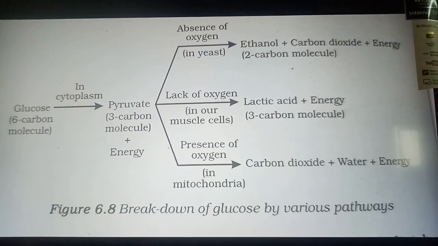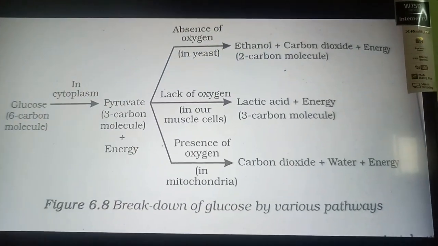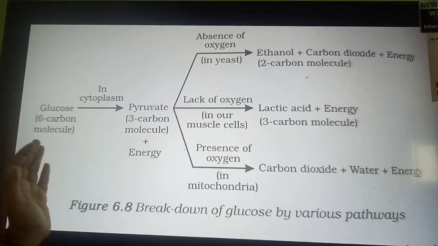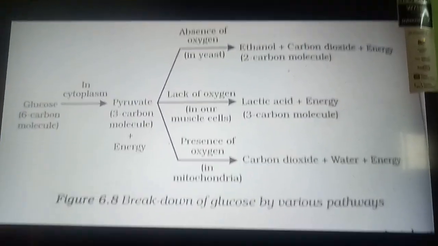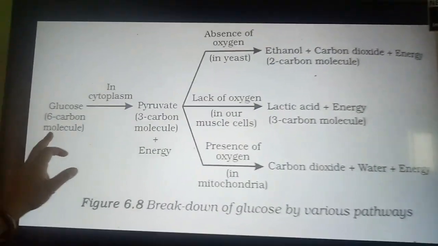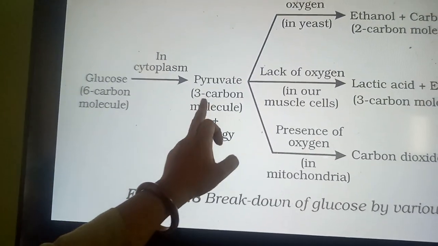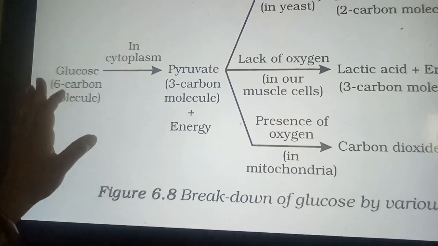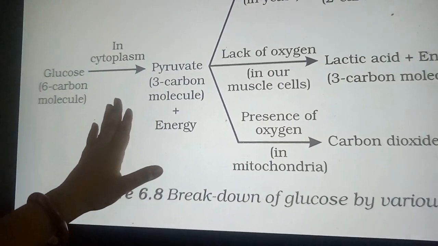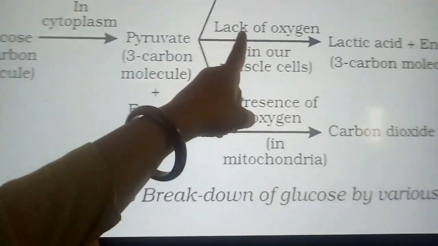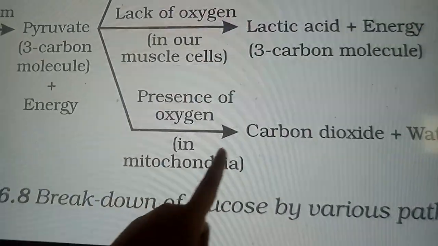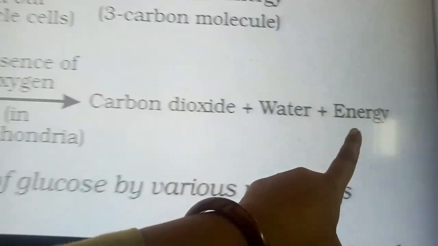Now this is how the reaction is given in your book, where in both the presence and absence of oxygen, the pathway of breakdown of glucose is shown. The 6-carbon molecule in the cytoplasm is converted to 3-carbon molecules with the liberation of energy. So in both aerobic and anaerobic respiration, the first reaction takes place in the cytoplasm. Then in the presence of oxygen, in the mitochondria, in aerobic respiration, the byproducts are carbon dioxide, water and energy.